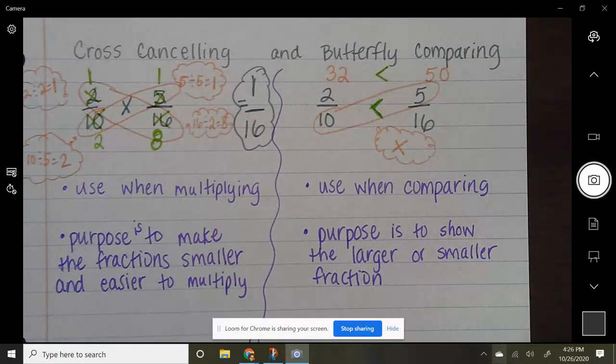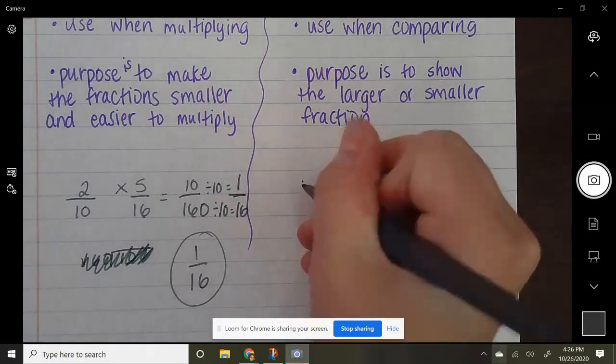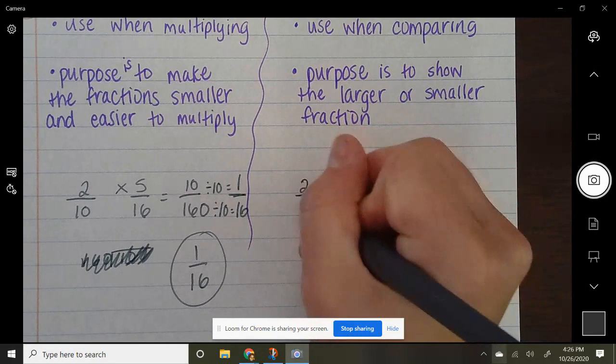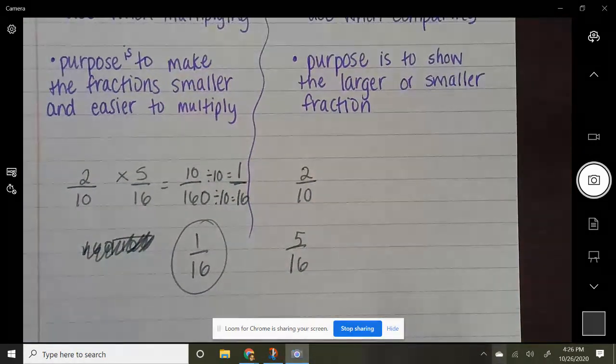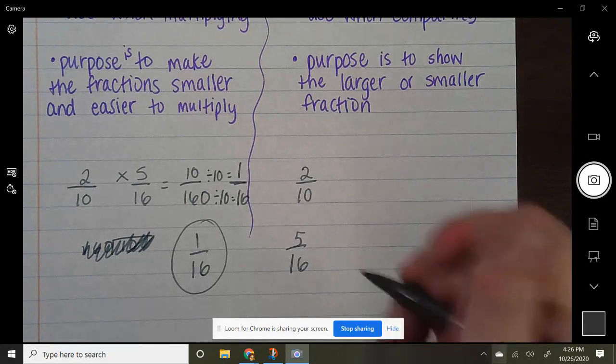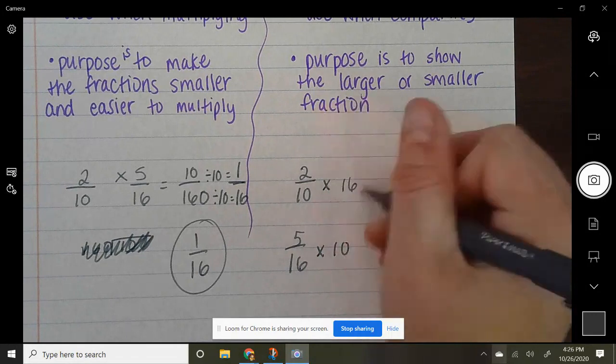Of course, you can do the same thing if you wanted and do it a different way, where you would make 2/10 and 5/16 have a common denominator of, we know it'd have to be 160. And then you would do it like this.